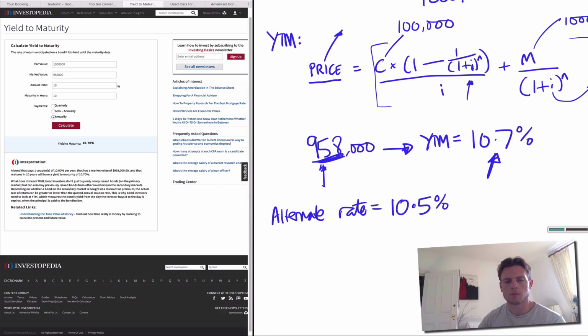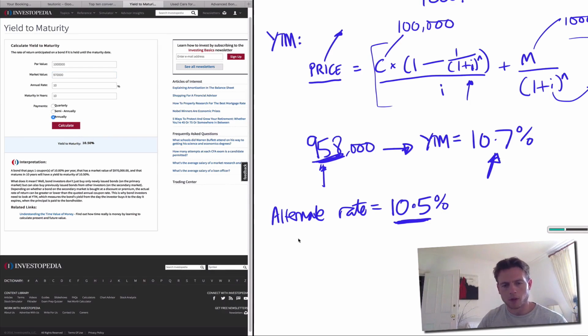You might even be able to pay a bit more if they said, actually, hold on, I've got another buyer who wants to buy it. You might be able to afford a bit more. In fact, you could even say that as long as the price gives you a yield of 10.5, then that's the threshold at which you're prepared to buy the bond. So if we increase the price slightly and say 970,000, calculate.